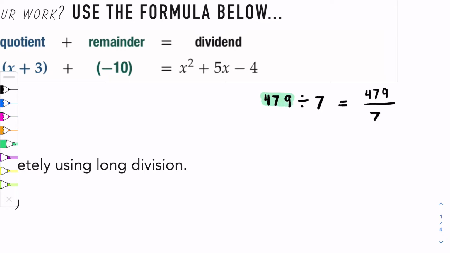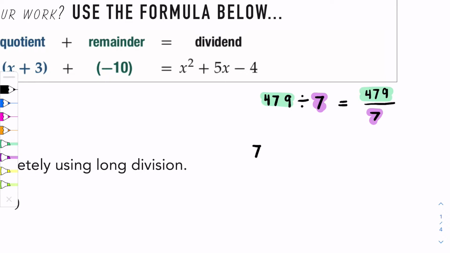Your first term is the numerator of your fraction. Your second term is the denominator. These right here are the same exact problem, two different ways of writing it. So you can either use a division symbol or you can use a fraction. Besides from these two forms, you can write it in a long division format.